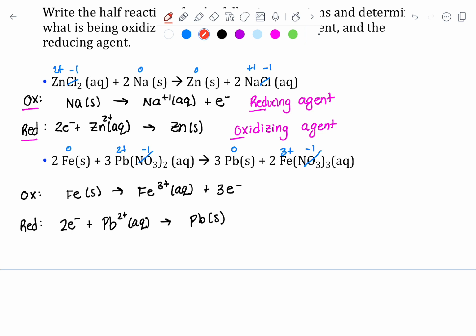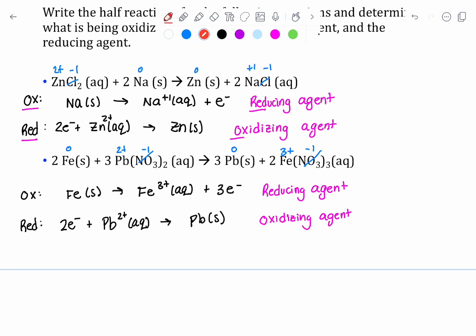So that means we can just move on to finding our reducing and oxidizing agent. Iron is being oxidized, so it is the reducing agent. And lead is being reduced, therefore it is the oxidizing agent. And remember what I said earlier about identifying reducing and oxidizing agents in ALEKS?